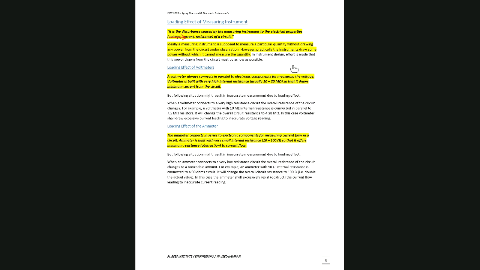So if your meter is using a small amount of power from the circuit, it is actually disturbing that observation, and ultimately it will affect the correct measurement.